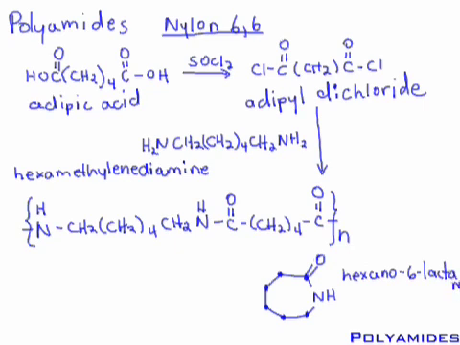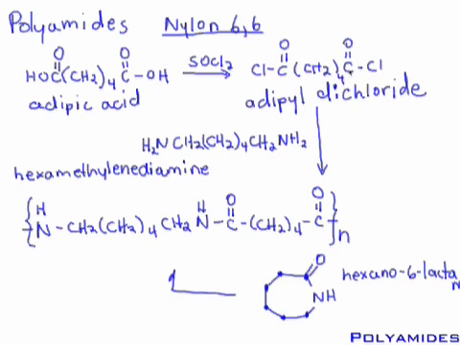Hexanyl 6-lactam. Now if I use hexanyl 6-lactam, things change a little bit in the structure of the polymer we make. See how the polymer consists of N, 6 carbons, N, then C double bond O, 4 carbons, C double bond O.